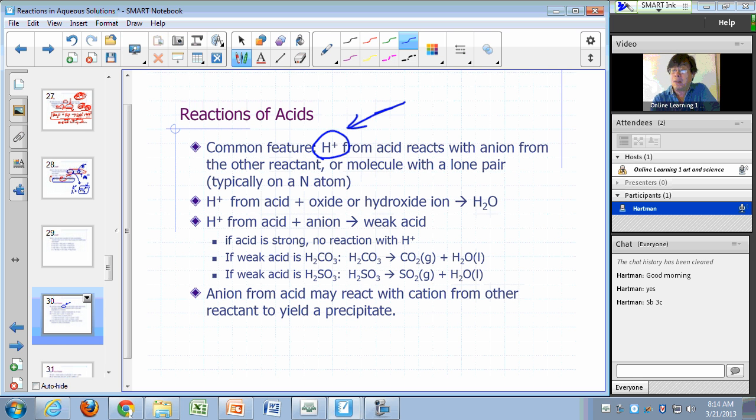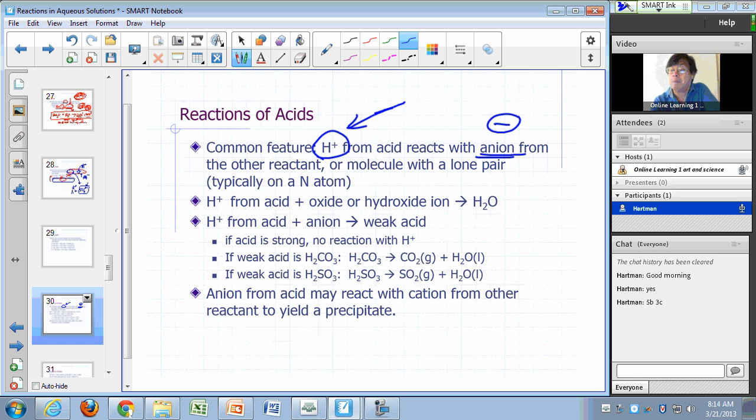So the H+ from the acids, generally, these are positive, so they tend to find negative ions to react with, so they will react with a negative ion from the other reactant. So if you have some other ions coming from some other compounds that you put in your water, then a negative ion could combine with that H+.